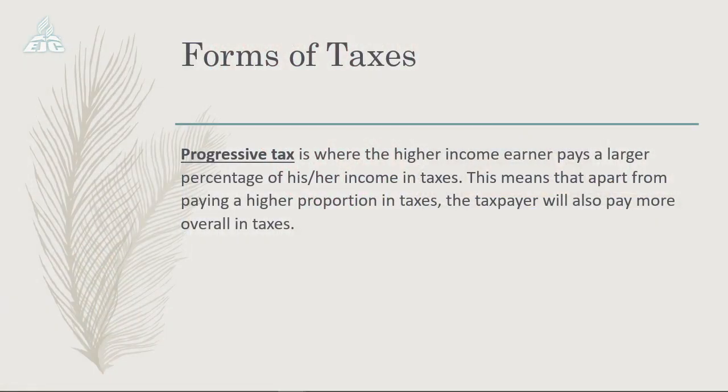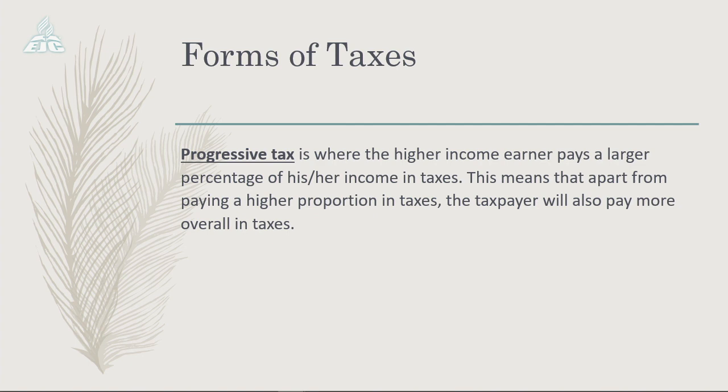Good? Good. The other form of tax is the progressive tax. And this is where the higher income earner pays a larger percentage of his or her income in taxes. And some of these terms you'd have heard in math class, because you'd have known about percentage from mathematics. Good?